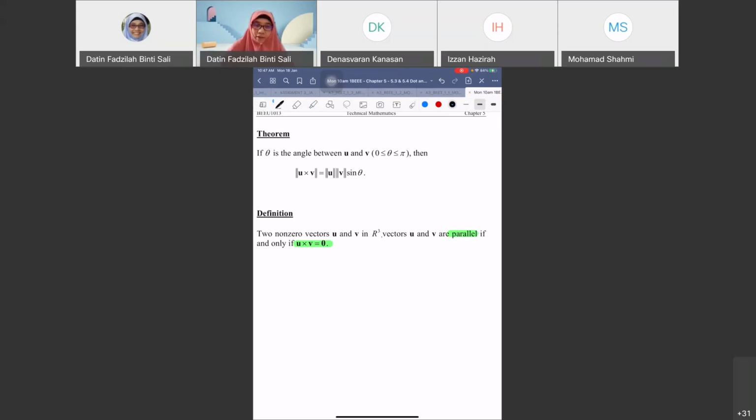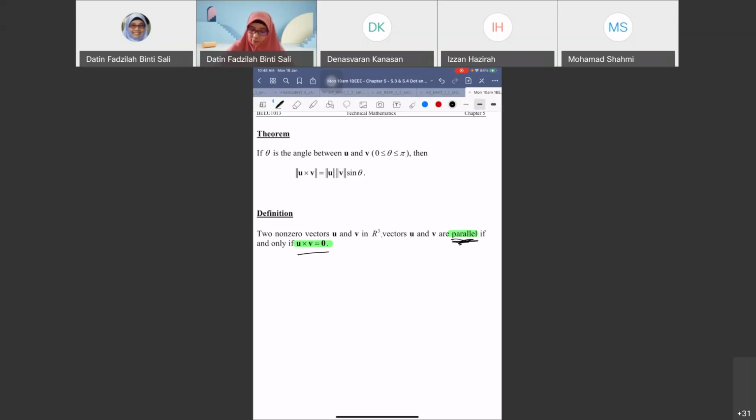So don't get confused. Sometimes a question may say to determine whether these two vectors are parallel. When the word is parallel, that means you need to show that u cross v equals 0. If the question says determine whether two vectors are orthogonal or perpendicular, then remember it will be u dot v equals 0.